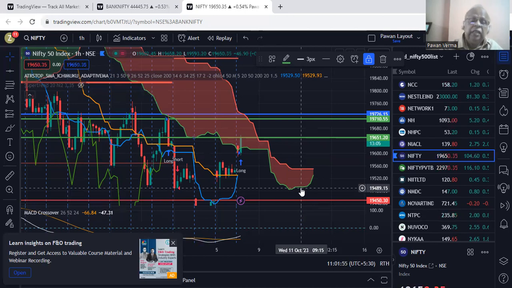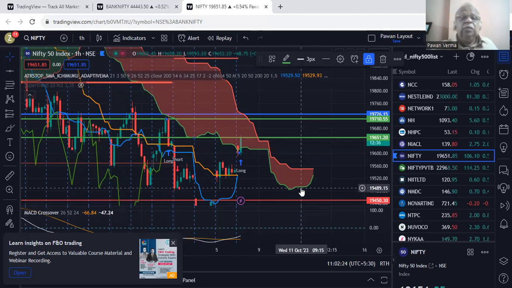Then the Tenkan-Kijun crossover is also coming. The crossover from below to upward will also give the trend confirmation candle, which will generate another trigger price for the entry level. Means we are getting one or two entry point trigger prices for the Nifty today.